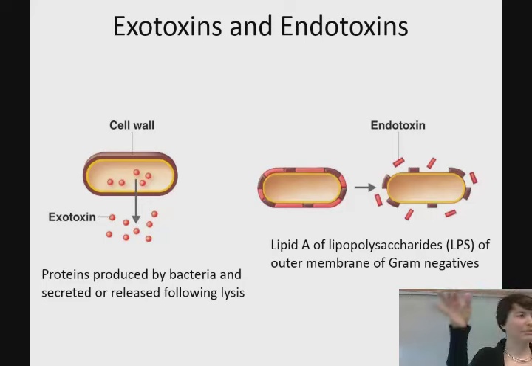This extra lipid bilayer that looks a lot like the plasma membrane, this extra protection. It's almost like the envelope of a virus, but different, obviously. And in that outer lipid bilayer, there is something called lipid A, and it's in the lipopolysaccharide layer, that outer membrane of gram-negative cells.